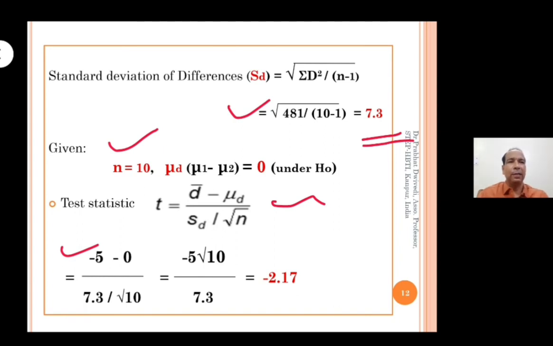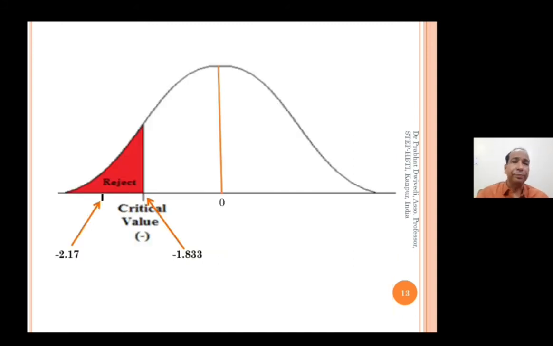SD is calculated as 7.3, so that is here upon root n is 10. So that value comes out to be minus 2.17. So now we can see here in the graph where this calculated value of t falls.